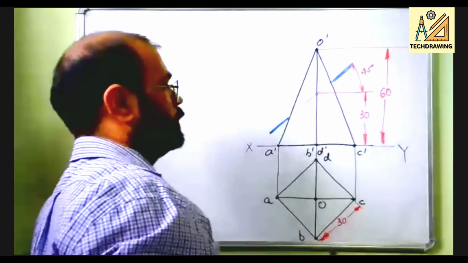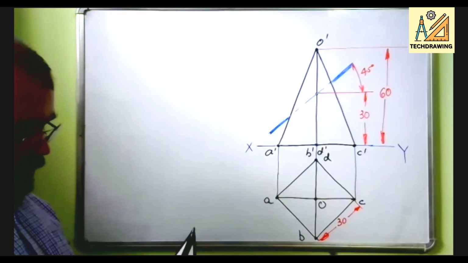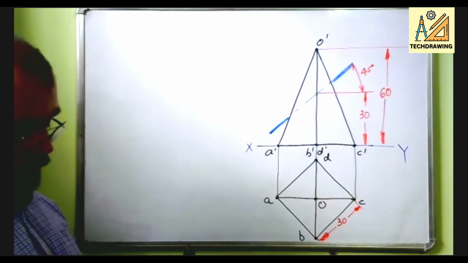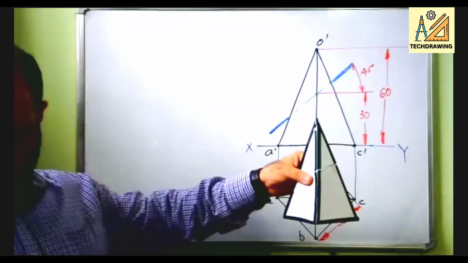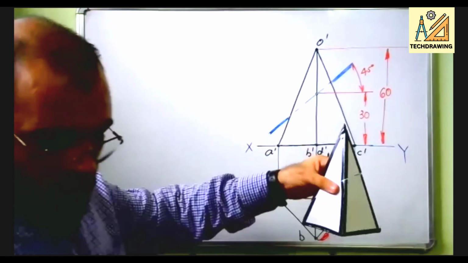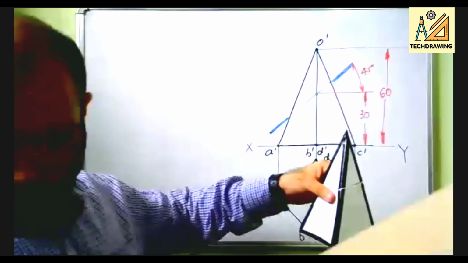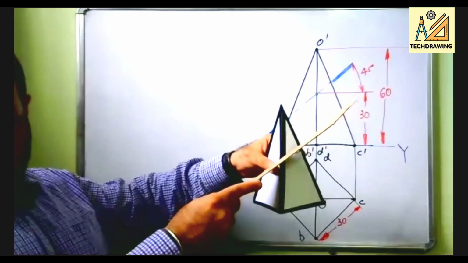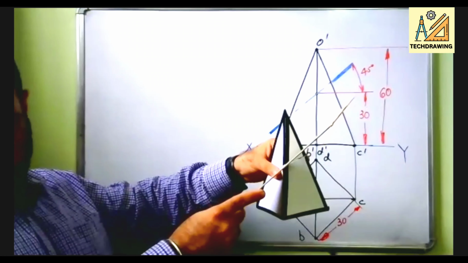Now let us just see this. Your object is placed like this. Just understand the idea. Now this cutting plane is cutting the object from here, inclined at 45 degree.